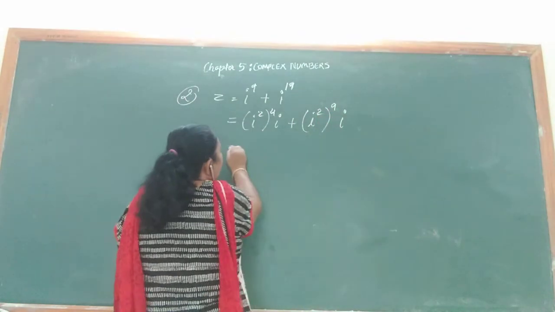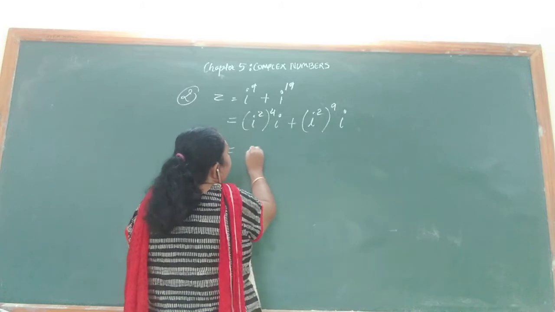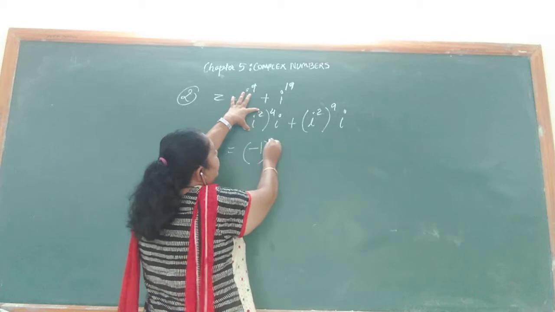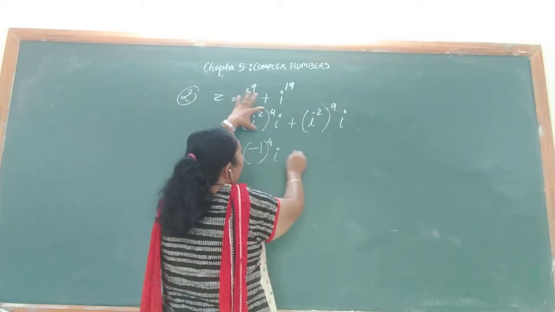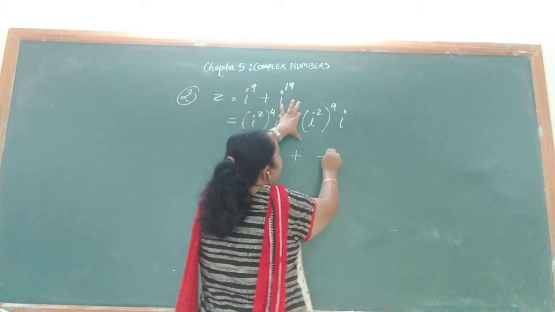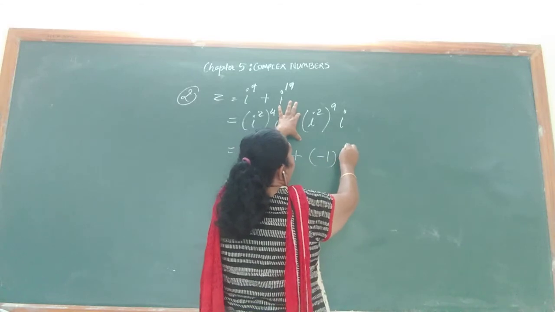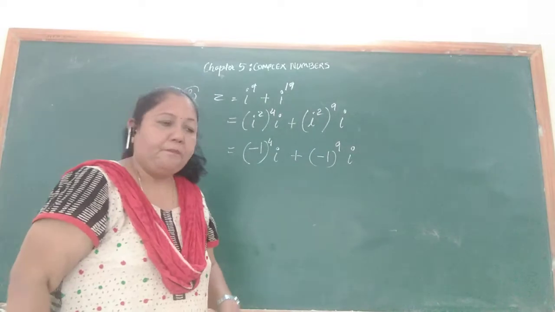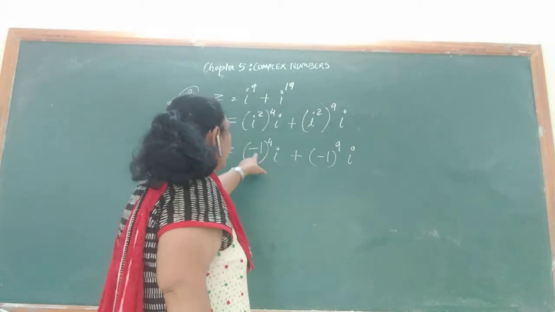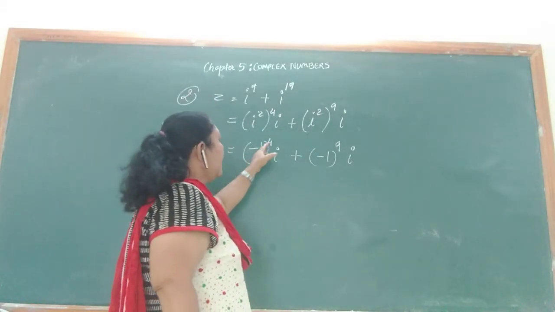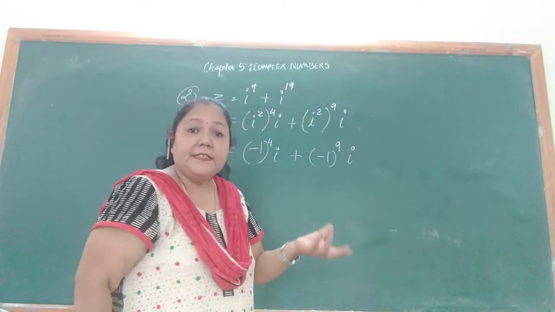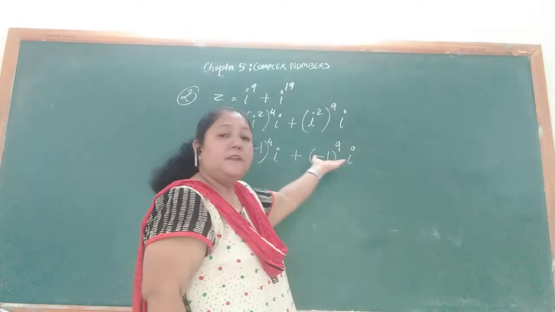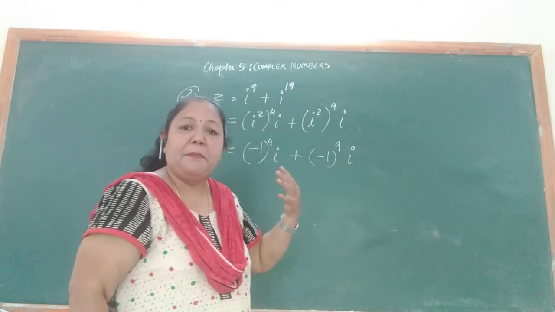So I have it here, this value becomes minus 1. The i square value is minus 1 raised to 4 into i, plus i square value is minus 1, whole raised to 9 and into i. So what I have now, if the power is even, the minus sign will disappear, and if the power is odd, the minus sign will persist.